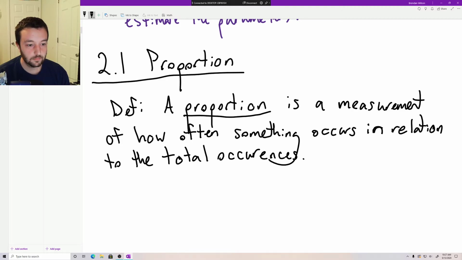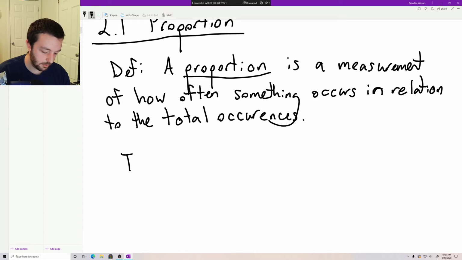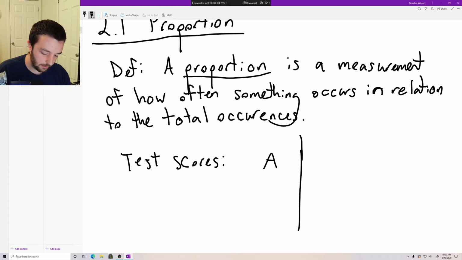So for example, with the test scores, let's say the test scores broke down like this. So we have our grade and the number of people who scored this grade.